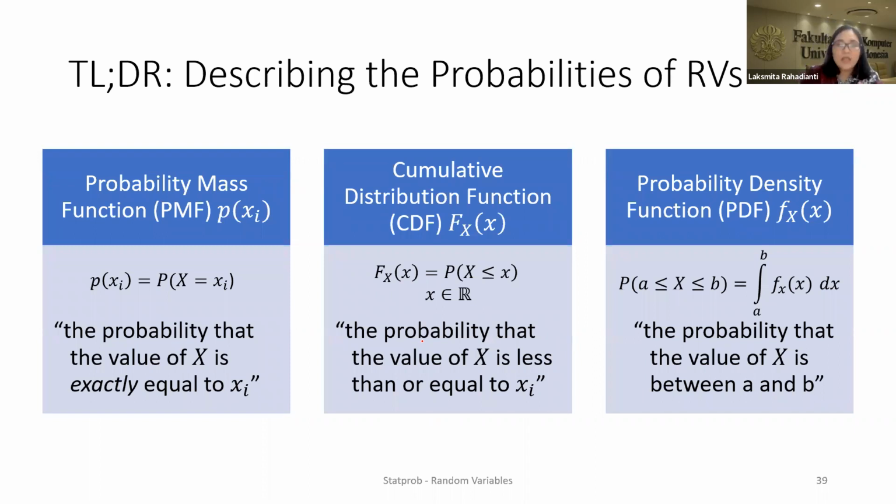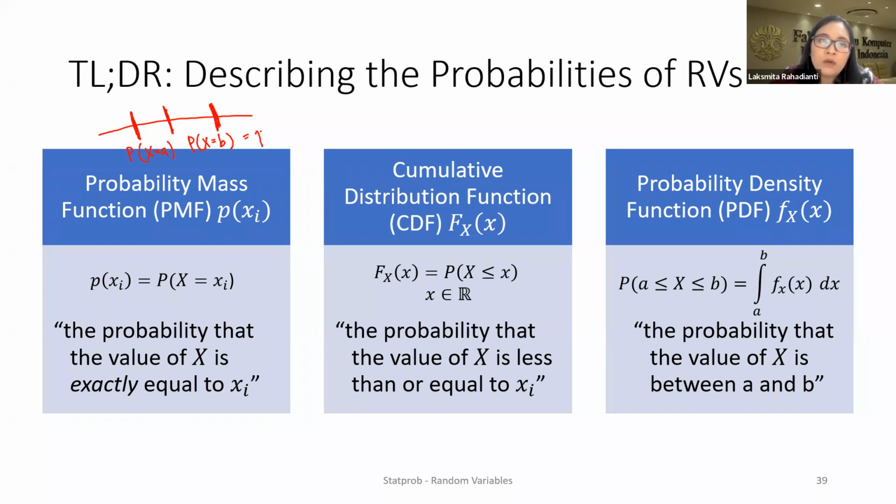I'm going to recap the three functions that we have just learned today. We have a probability mass function. The probability mass function gives you the probability of my random variable being equal to a certain value, exactly this value.